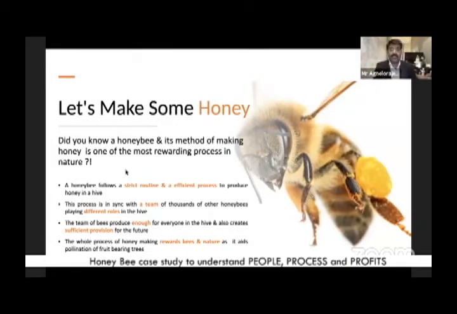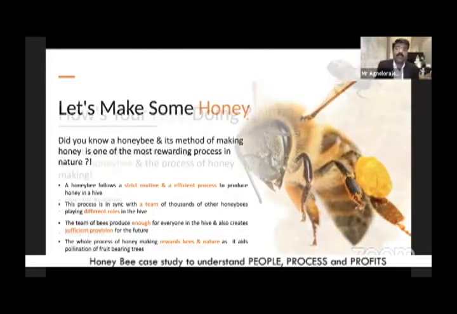The team of bees produce enough for everyone in the hive and also create sufficient provision for the future. The whole process of honey making rewards bees and nature as it aids pollination of fruit-bearing trees.